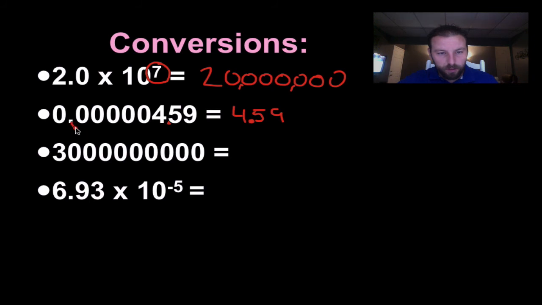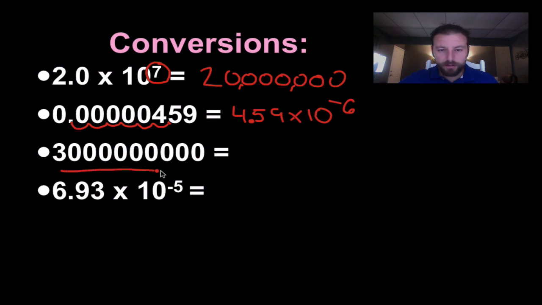So we count 1, 2, 3, 4, 5, 6, so times 10 to the 6th. But since we had to move this decimal place over and we have a really small number, it's negative 6.